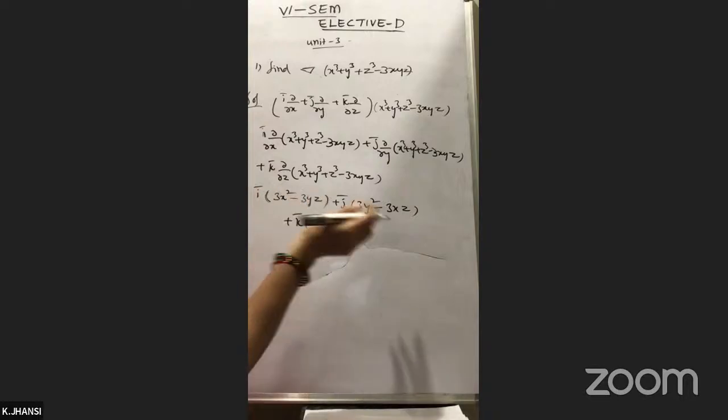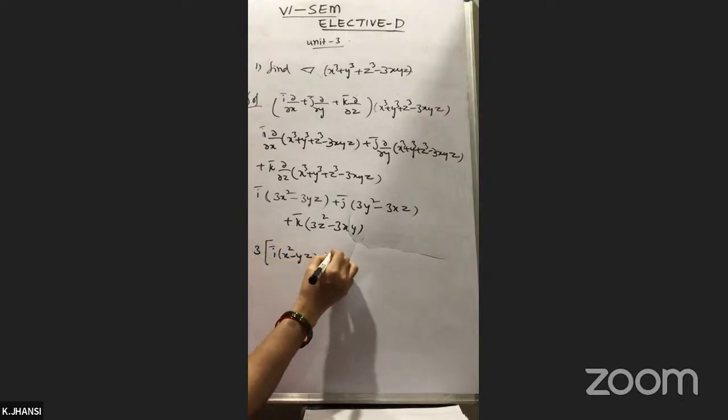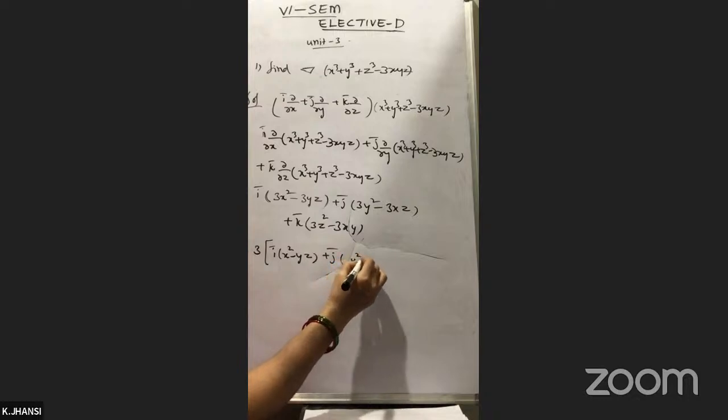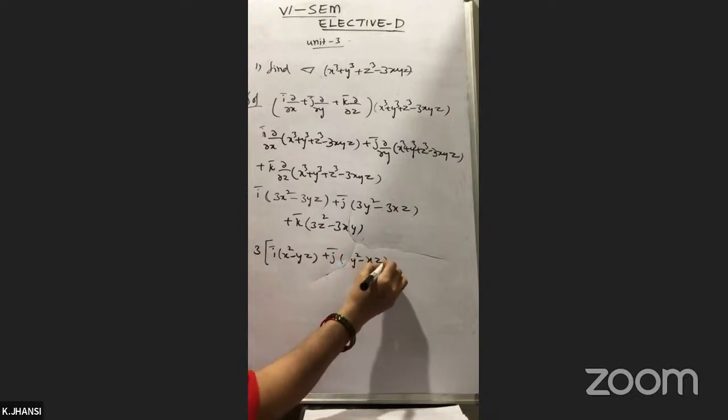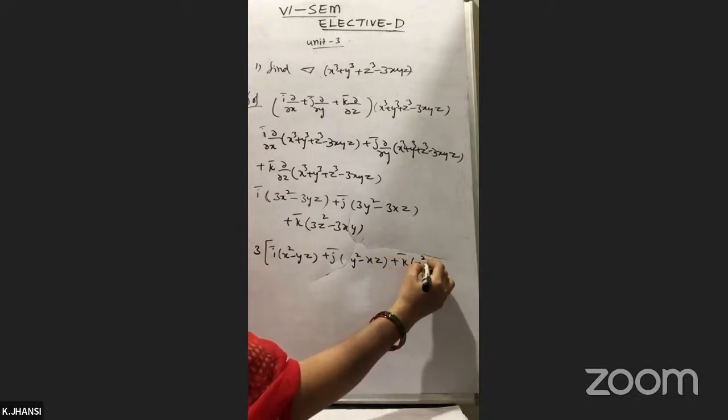If you want, you can take 3 common as all three terms have it: 3 into i times x square minus yz, plus j times y square minus xz, plus k times z square minus xy. So this is the answer for this problem.